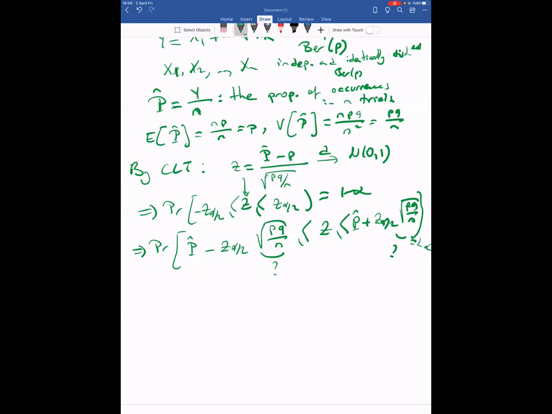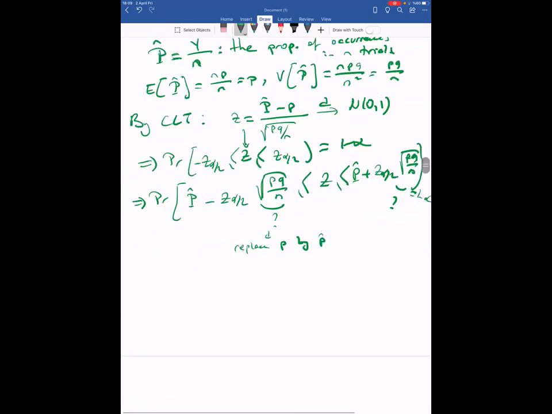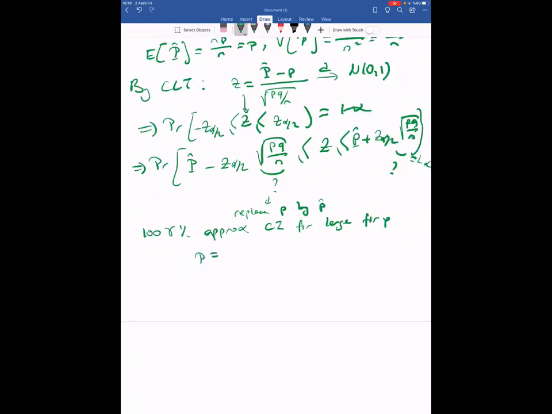So replace p by p hat here. Then the 100(1 minus alpha)% approximate confidence interval for large n for p will be: we have p hat, we replace the numerical value z alpha over 2, and now we have p hat times 1 minus p hat, which we represent by q hat. Okay, so this will be one approximate confidence interval.